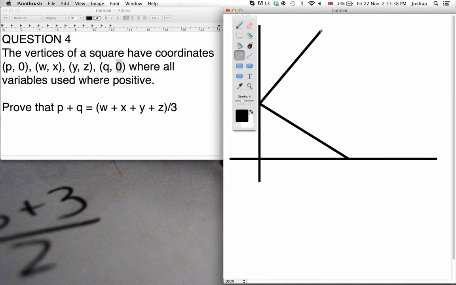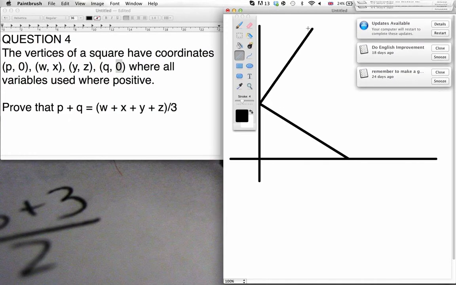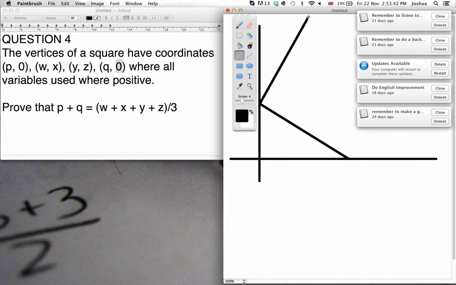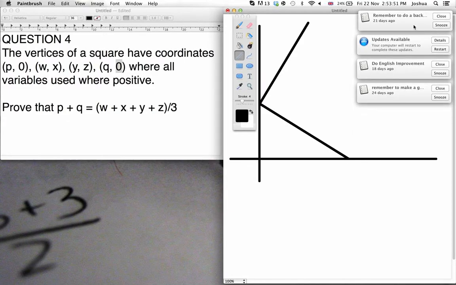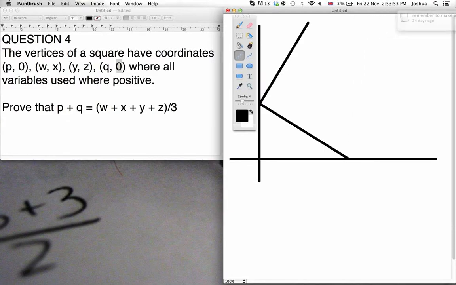So I'm going to try my best to draw a somewhat square. It's about a right angle, I think. It's not a bad right angle. Not too bad, I've seen worse.